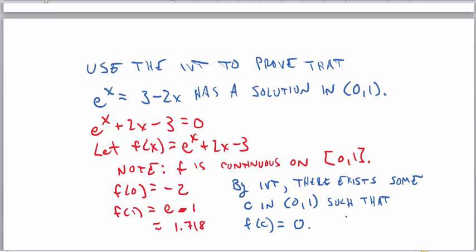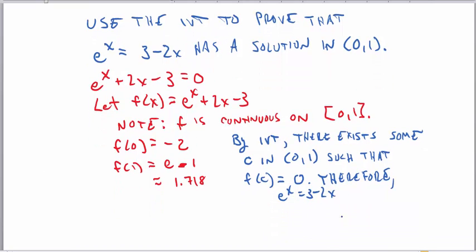So since this is the case, that original equation, e to the x equals 3 minus 2x, must have a solution in the open interval from 0 to 1.